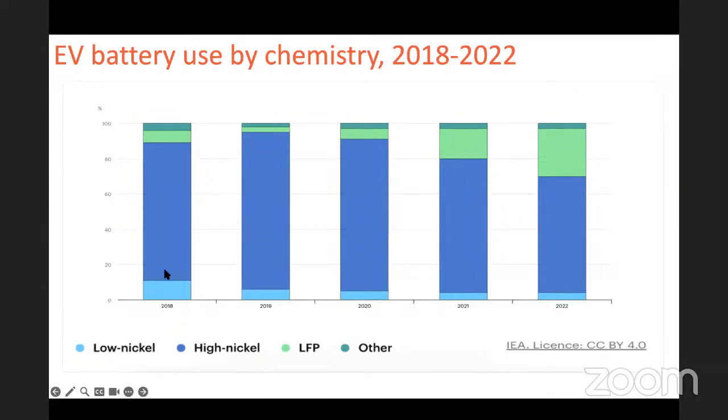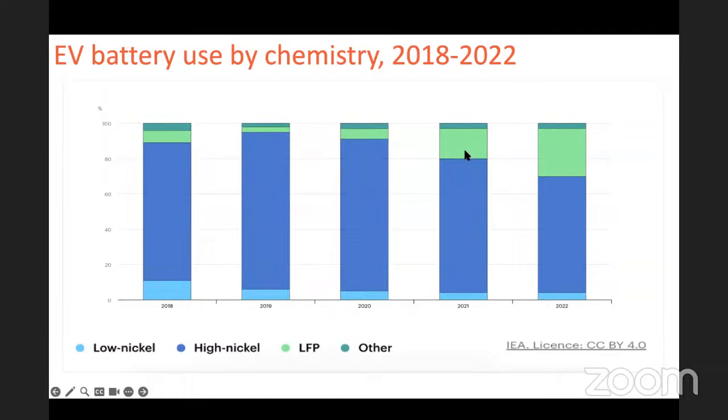You can see the high nickel or the NMC batteries were used during 2018, 2019, up till 2020. It was a steady growth of that chemistry. And post COVID, you can see the change happened. The LFPs gradually increased and started capturing the market. One of the reasons for this is the high cost of metals or minerals like nickel and manganese.